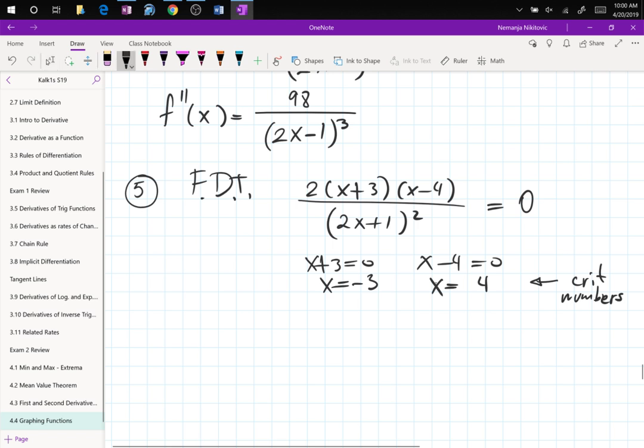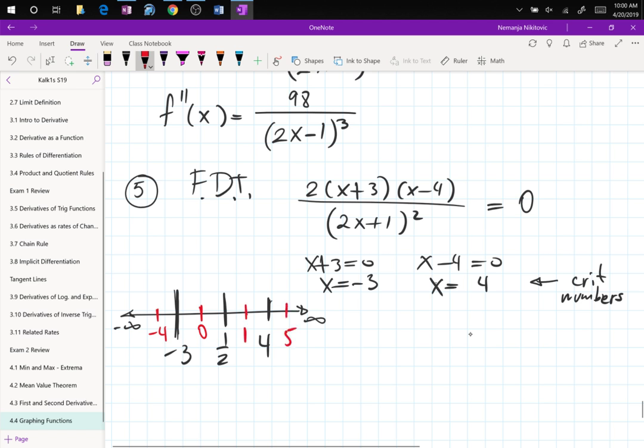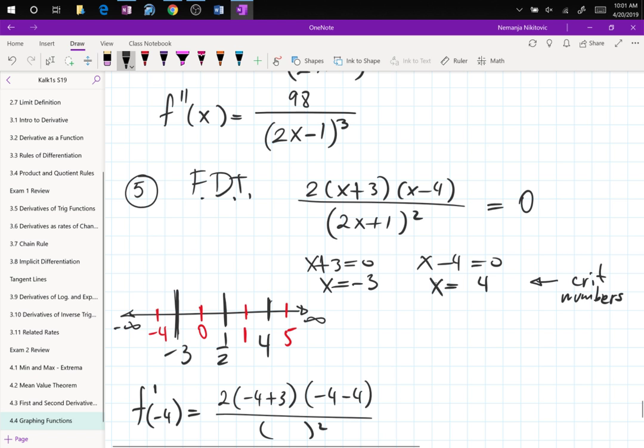And now we do the partition like nothing ever happened, from -infinity to +infinity at -3, at 1/2, and at 4. So that's -4, 0, 1, and 5. So the first derivative calculated at -4, we are going to have 2(-4+3)(-4-4) divided by something squared.